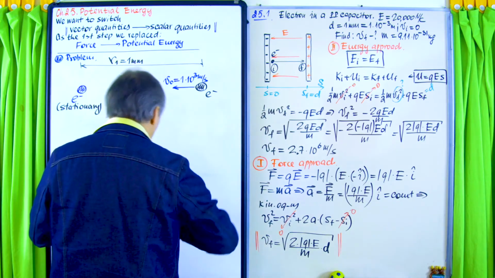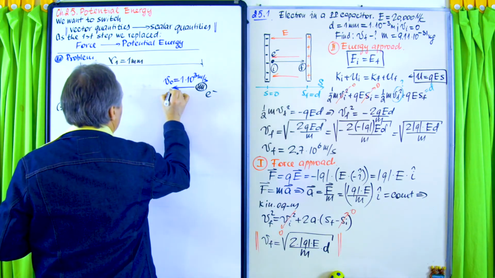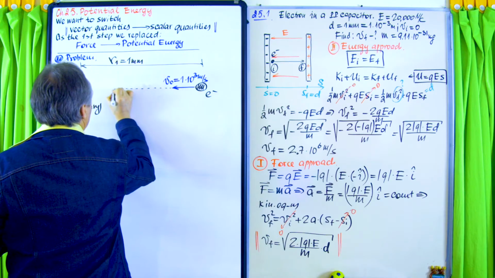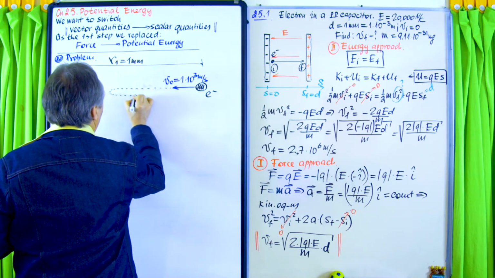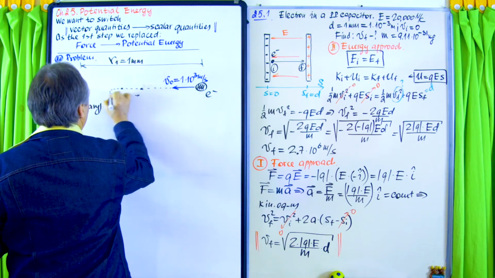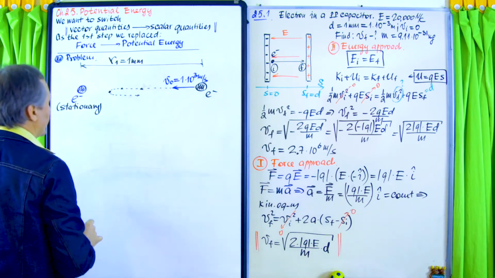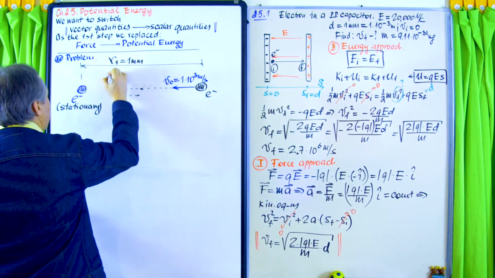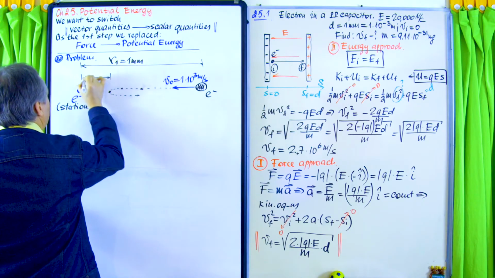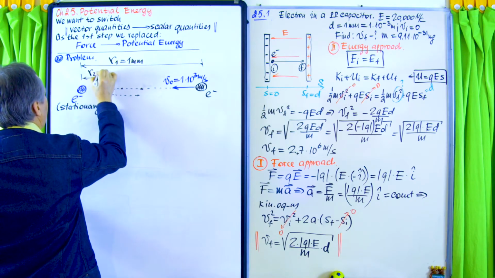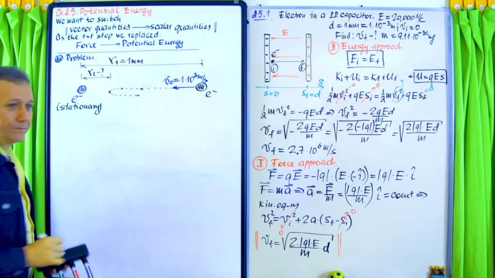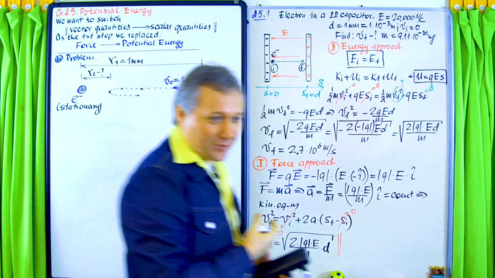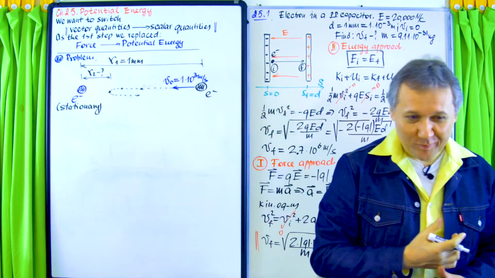And as I said, of course, it will travel for some distance and then it will stop for a moment and start flying in the opposite direction. So we need to find, as I told you, this distance R2, the shortest distance between these two electrons.